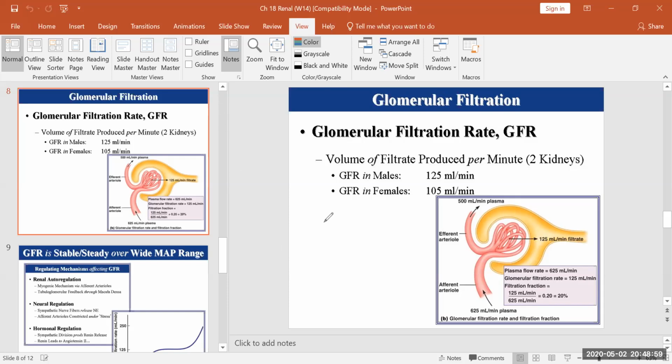We're going to talk about that later, but keep that on the back burner. The reason is this: the blood that comes into the glomerulus is around 625 cc's or ml per minute. This is called the renal plasma flow.